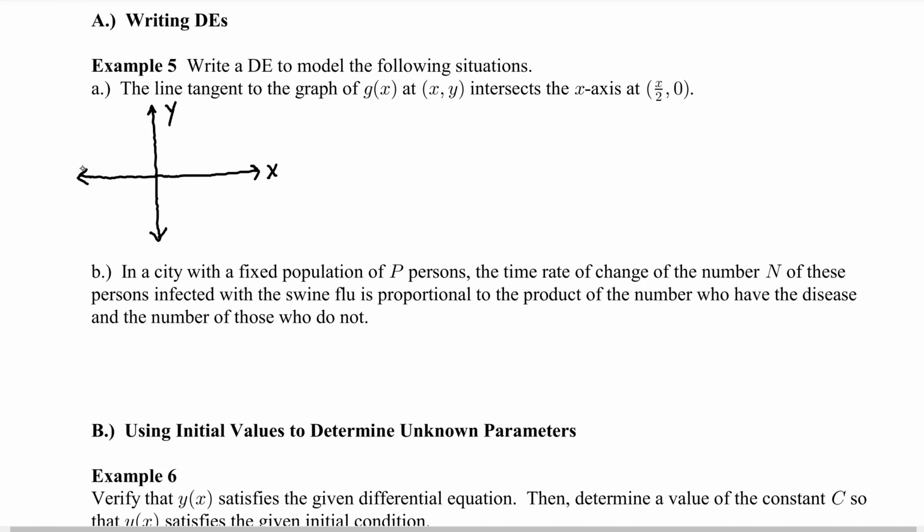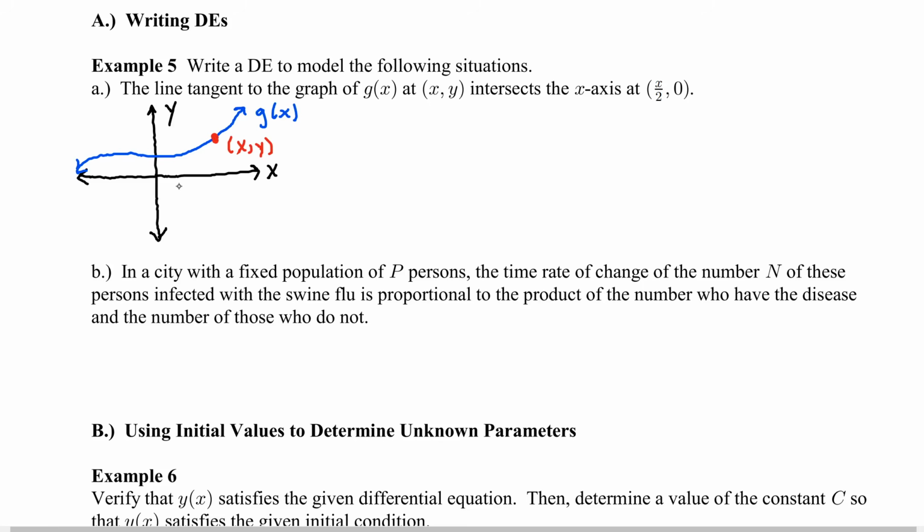Now I'm going to draw a picture just to help us visualize what it is we're looking for. So we're going to have some sort of function called g of x. I'll choose a random function here. This can be an example of g of x. And we're interested in the tangent line to this graph at ordered pair (x, y). Okay, (x, y) is arbitrary. That means it can be any point on this graph.